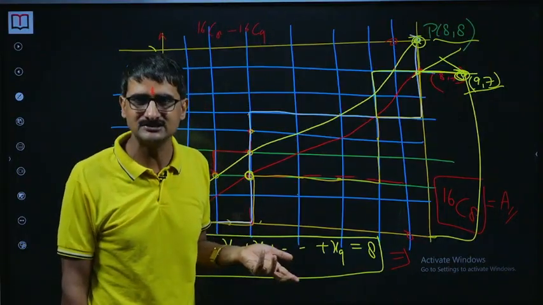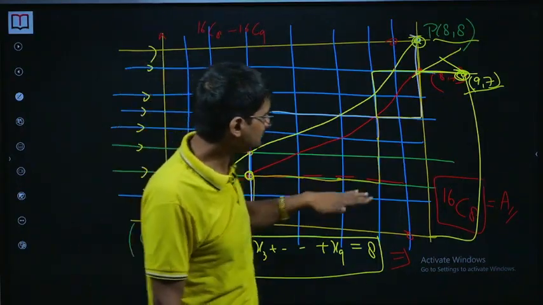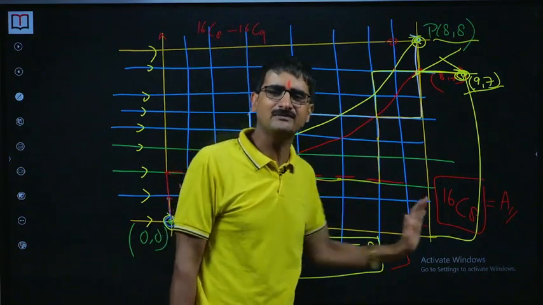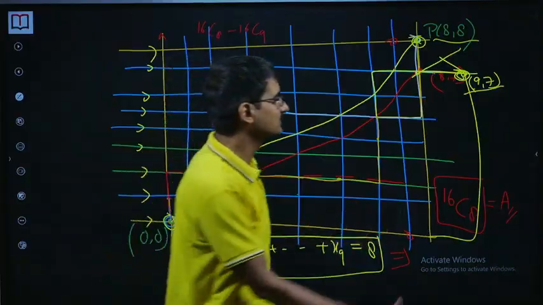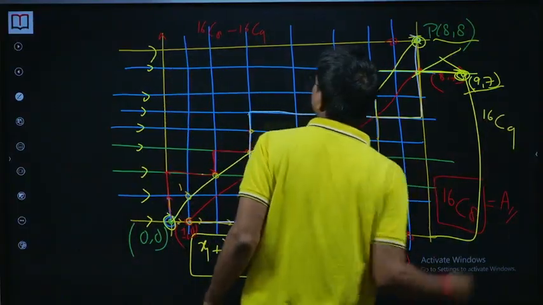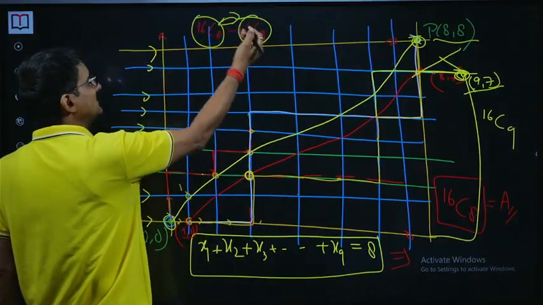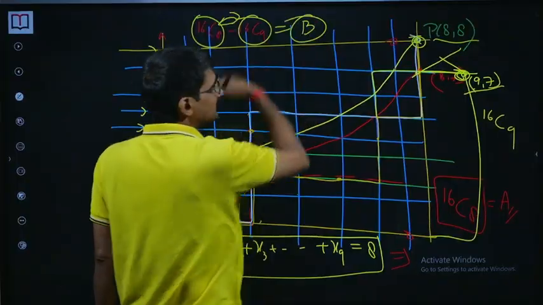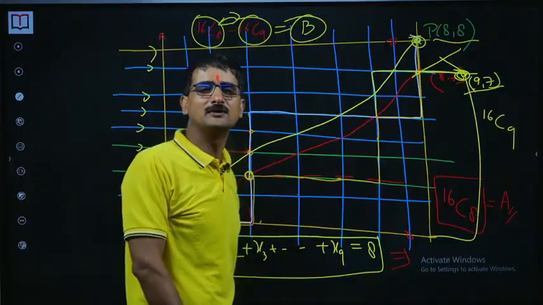It's the same thing, 16C7 or 16C9. That means either you take 9 steps vertically or 7 steps vertically or 9 steps horizontally, you reach the same position. So 16C9. So that's what I said. Remove 16C9 from 16C8, and that should be B. Okay, now when you solve it, I think you will get 1430.